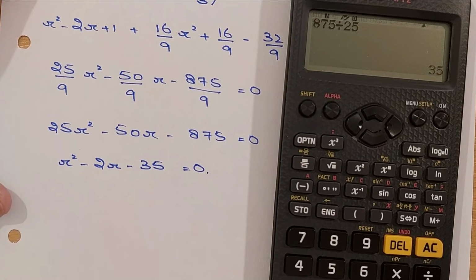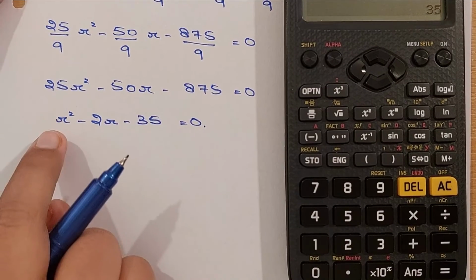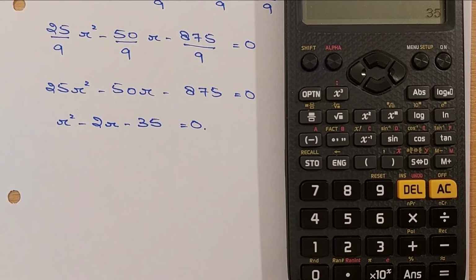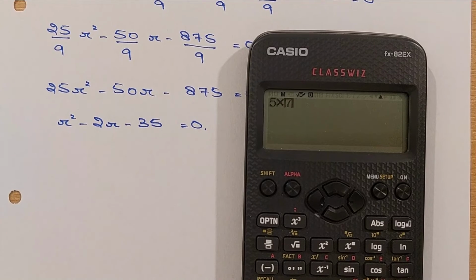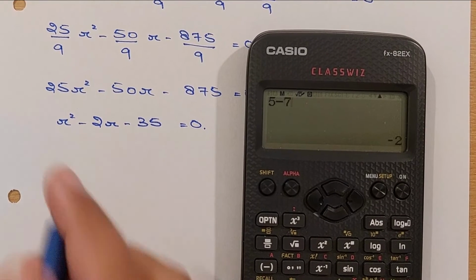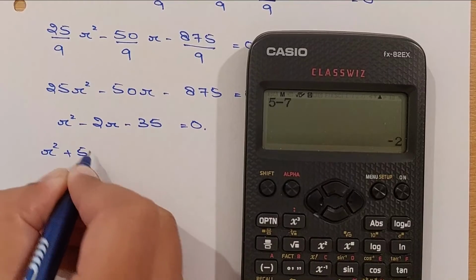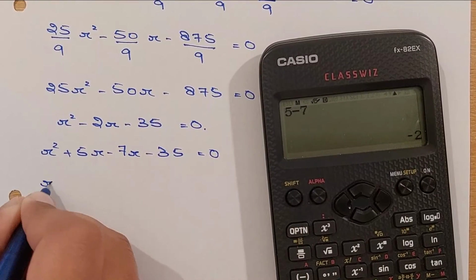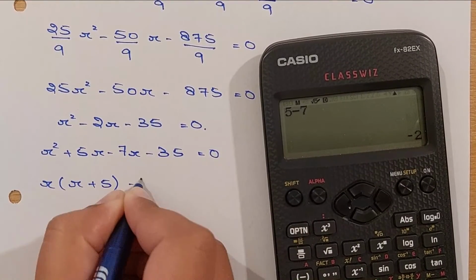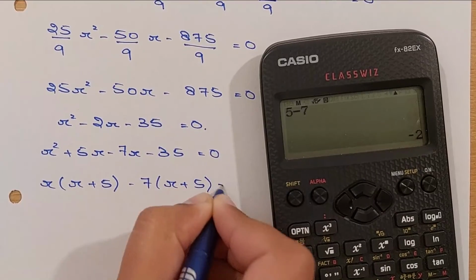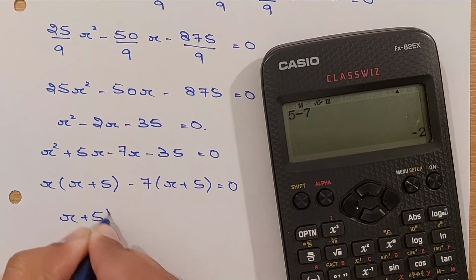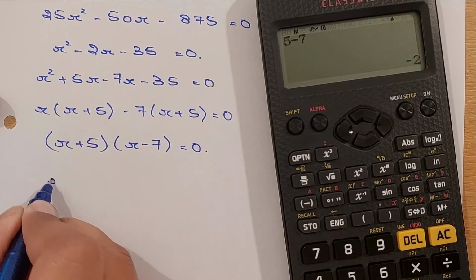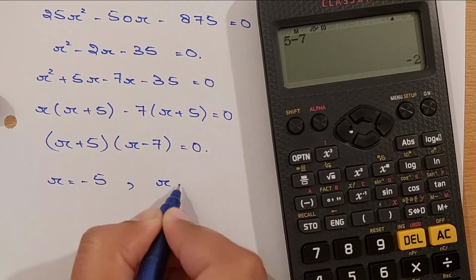Let me factorize this. 1 times 35 is minus 35, and 5 times 7 is 35, and 5 minus 7 is minus 2. So r square plus 5r minus 7r minus 35 equals 0. r is common, r plus 5 is left; minus 7 is common, r plus 5. So we have (r plus 5)(r minus 7) equals 0. We have two values of r: r equals minus 5 and r equals 7.